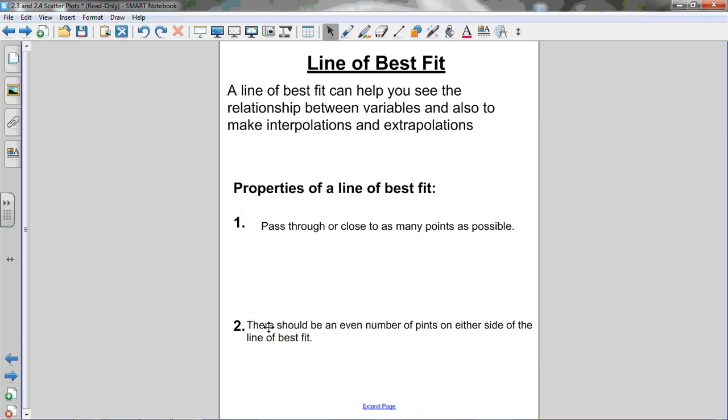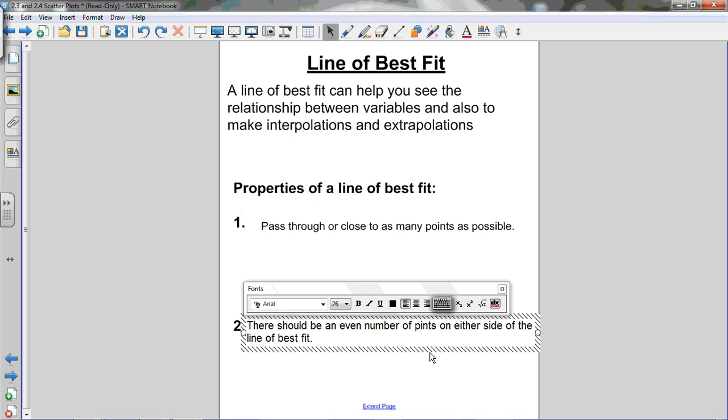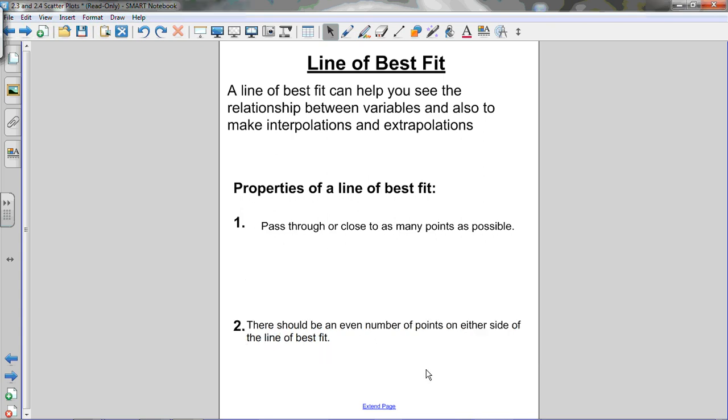So those are the two properties of a line of best fit. It should pass through or close to as many points as possible, and there should be an even number of points on either side of the line of best fit.